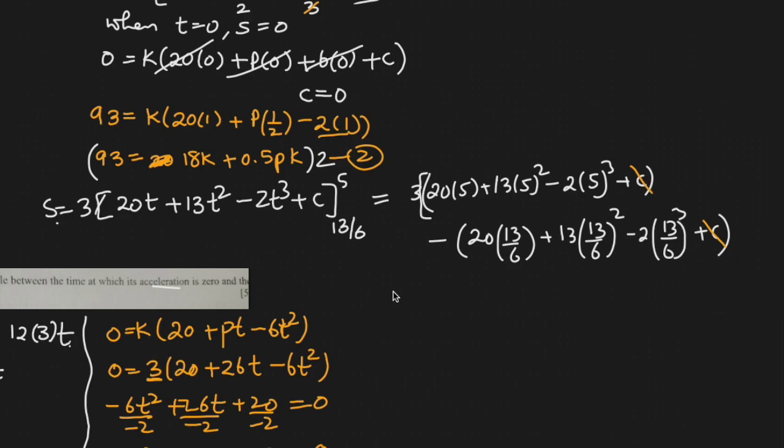Okay, so 3 times 100, this one is 100, this will be 25 times 13, so 325, minus 125 times 2, 250, minus, and now I'll put minus without, this will become positive and these two will become negative. So 260 over 6 plus 169 times 13 over 6.